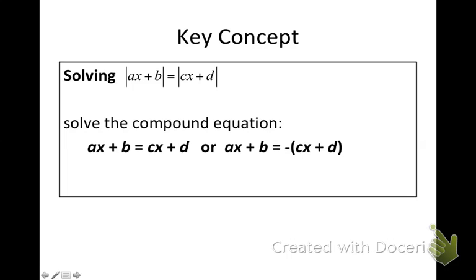All right, so the next type of problem that you will see on your homework is what happens if we get two sets of absolute value signs.